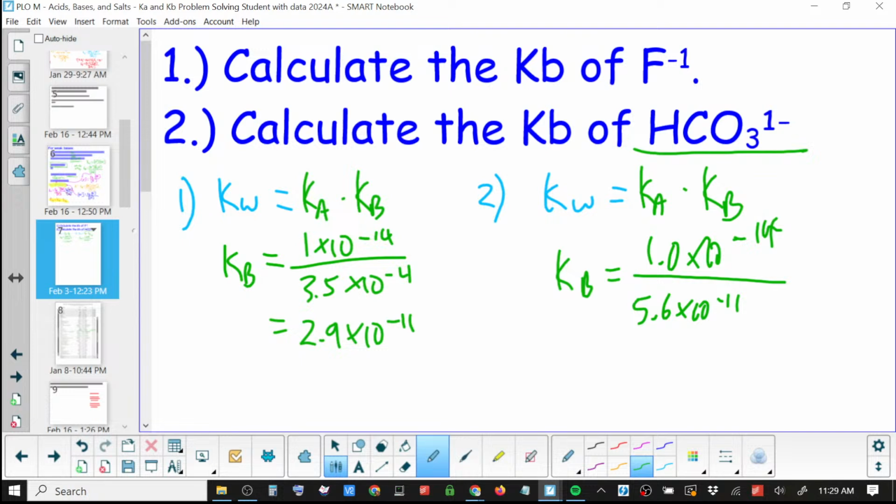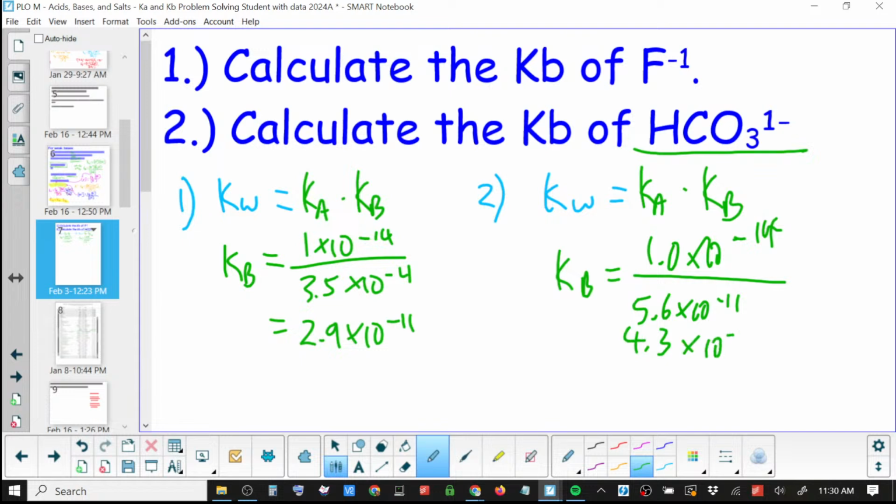Are you sure? Does anybody else have something different? I want something different if you have something different. What other number should we use? Look at the acid side. No, I'm asking for a number. What's the other choice? 4.3 times 10 to the minus 7?